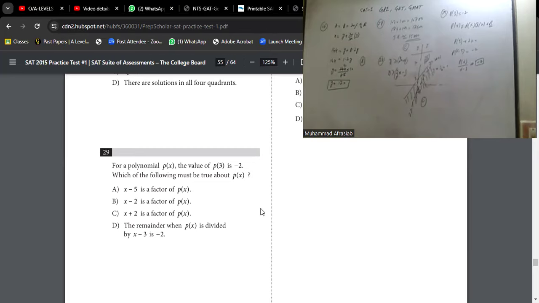So this is the answer to this question, D part. When you put x equal to 3, the polynomial is going to give us the remainder equal to -2.